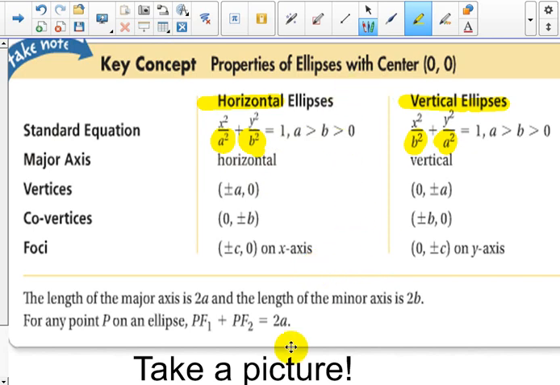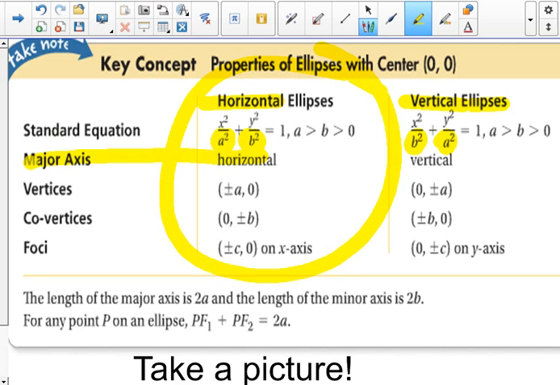So now let's break this down by horizontal ellipse. So the major axis on horizontal is horizontal. And for vertical, our major axis is the vertical axis. And the vertices, positive, negative, a and 0. The co-vertices for horizontal is 0, positive, negative, b.